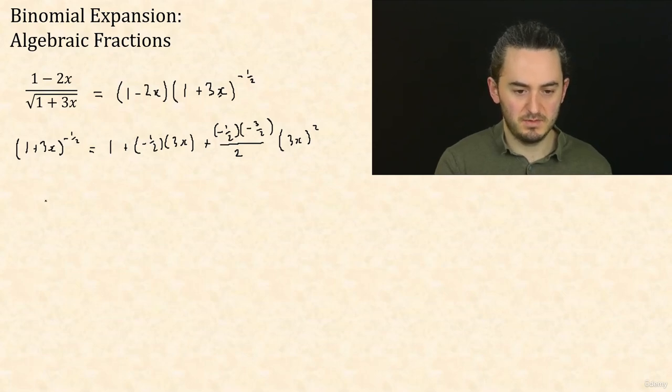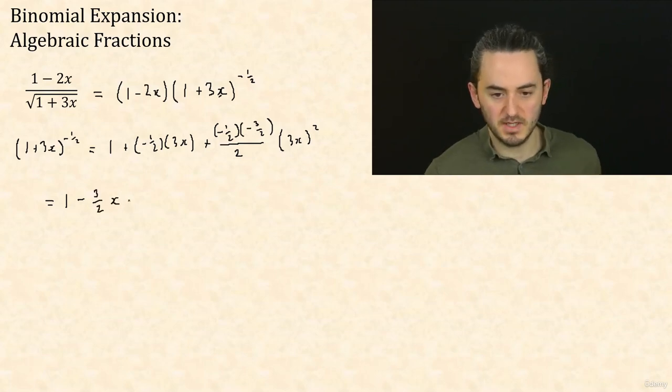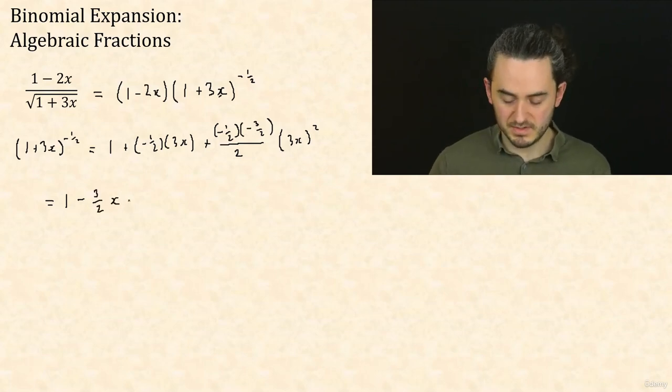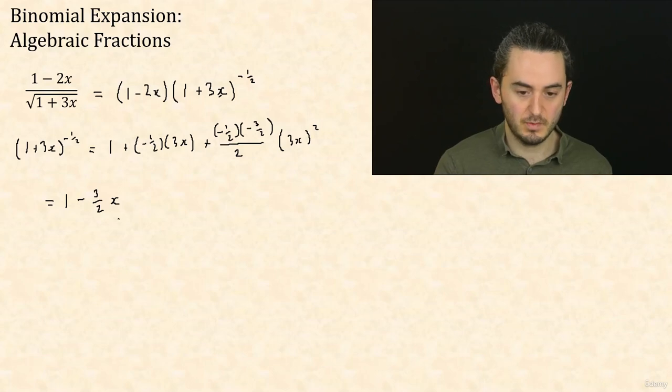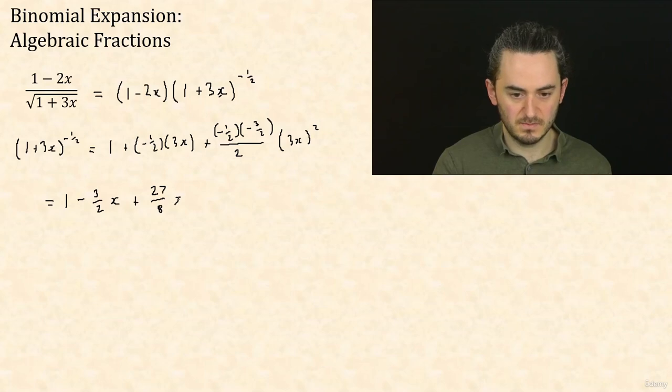Let's neaten this up. So that's 1, and then I've got minus a half times 3x, so that's minus 3 over 2 x. And then here we have minus a half times minus 1.5, divided by 2, multiplied by 3x squared, so I'll just type in 3 squared here, and that is plus 27 over 8 x squared. Okay, and there's a plus dot dot dot.